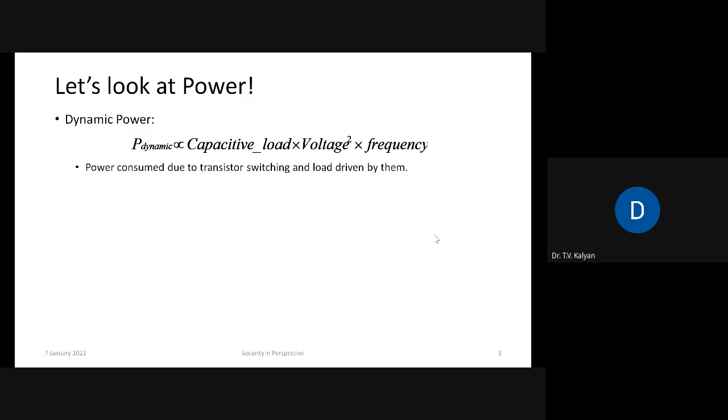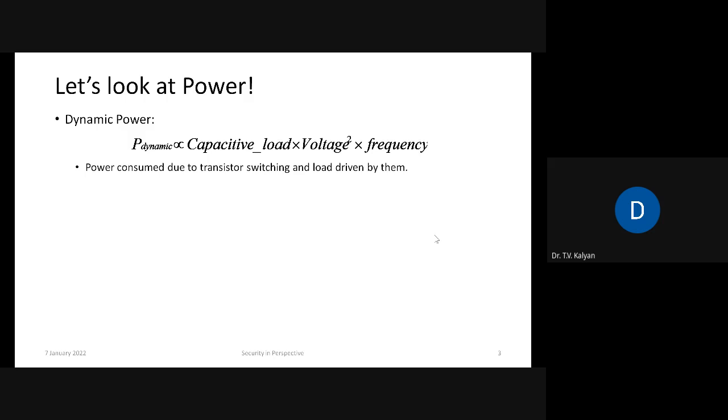Dynamic power by definition is the power consumed due to transistor switching whenever we are performing an operation, and how one circuit or one transistor is loading the other circuits and transistors.